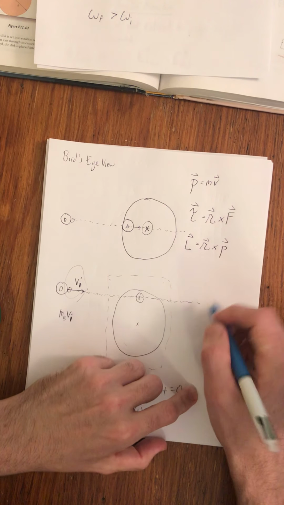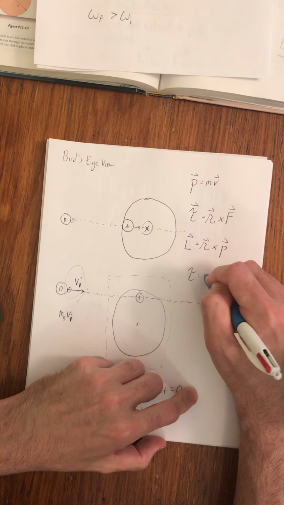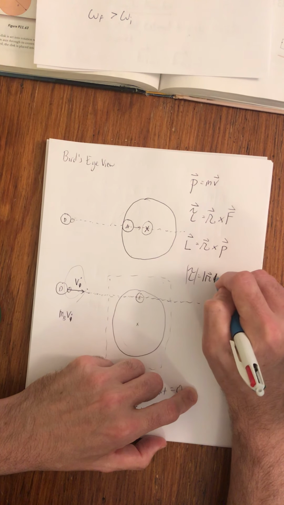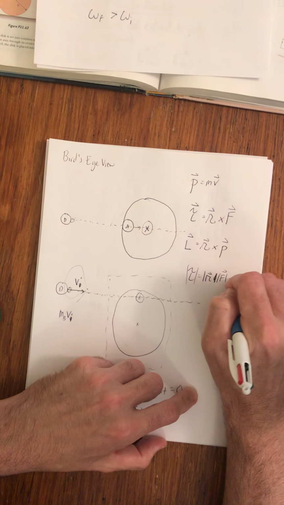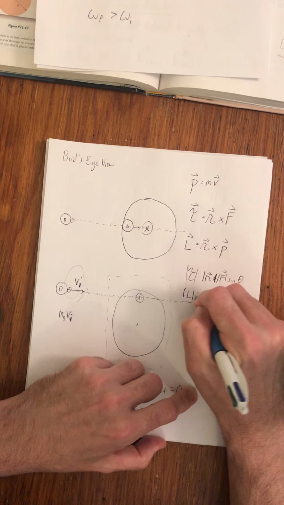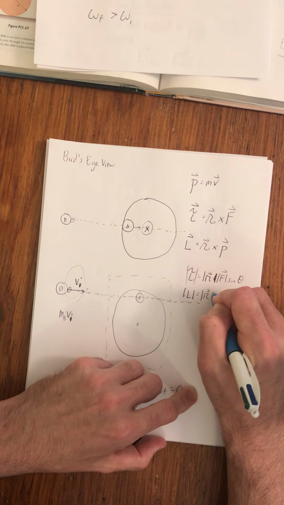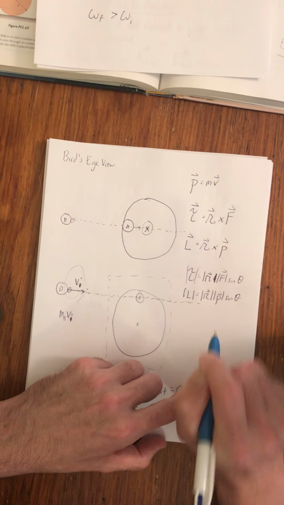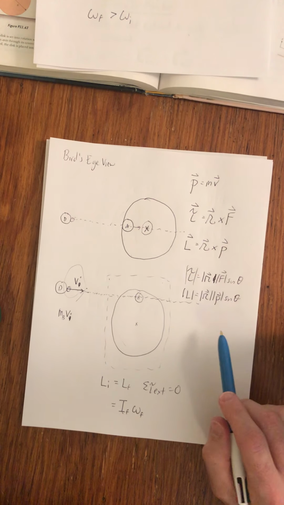In the same way that the magnitude of torque was rF sine of the angle between r and F, the magnitude of L is also going to be equal to r p sine theta, where theta is the angle between r and p.